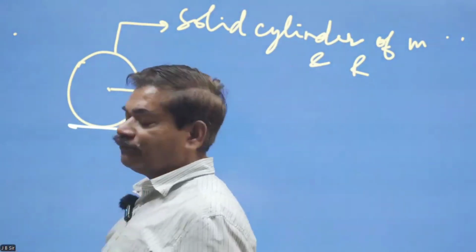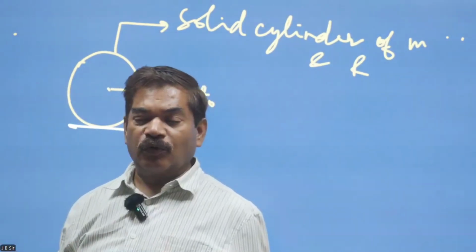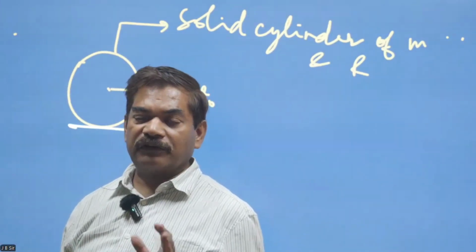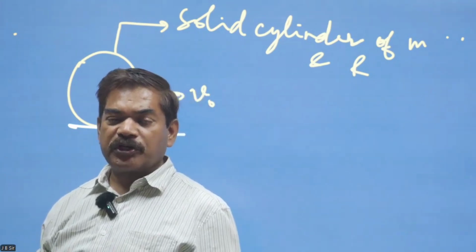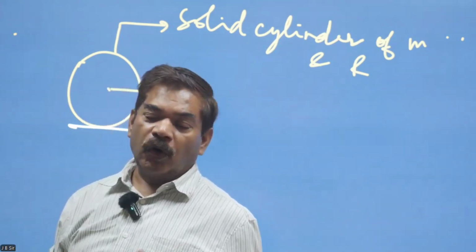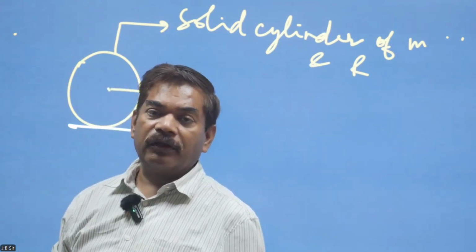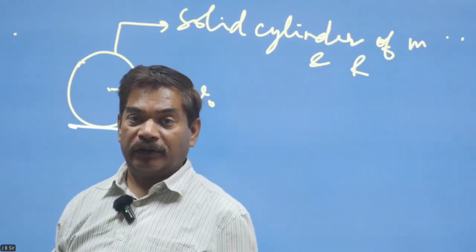The surface is rough, although they are not giving you the coefficient of friction, but they say the surface is rough. Now the question is, what will its velocity become when it begins pure rolling?